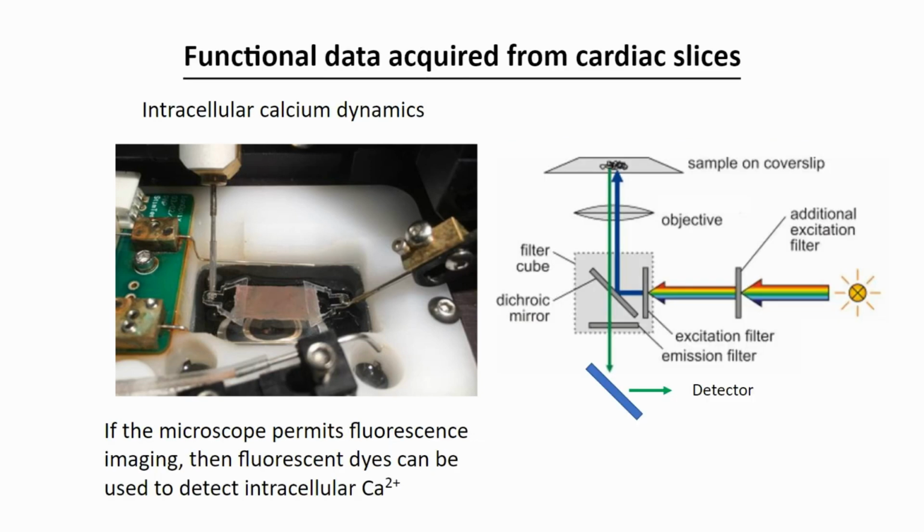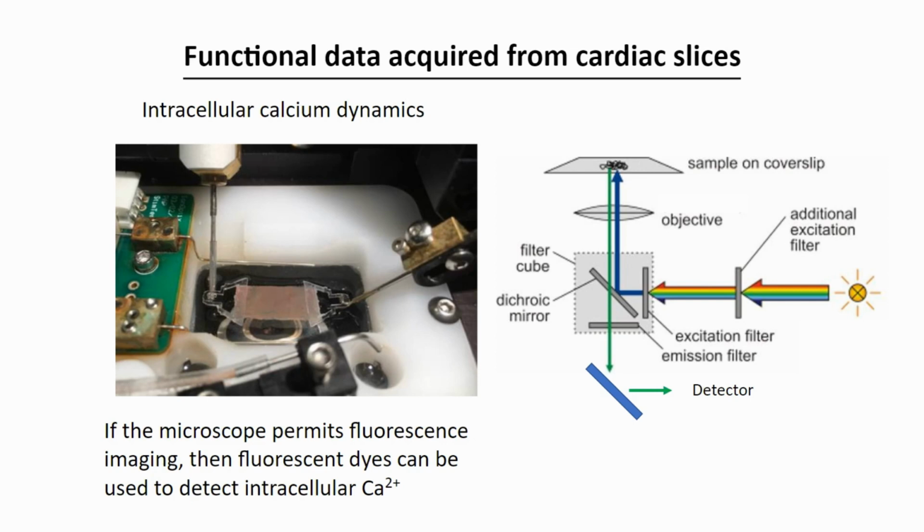Oftentimes you'll find inverted microscopes also allow for fluorescent imaging. And in those cases, the slice can be loaded with a fluorescent dye, such as Fura-2 or Fluovolt, and an excitation light directed to the slice. In this example, a blue light is directed to the slice for excitation of the dye, and the emitted light is depicted as green.